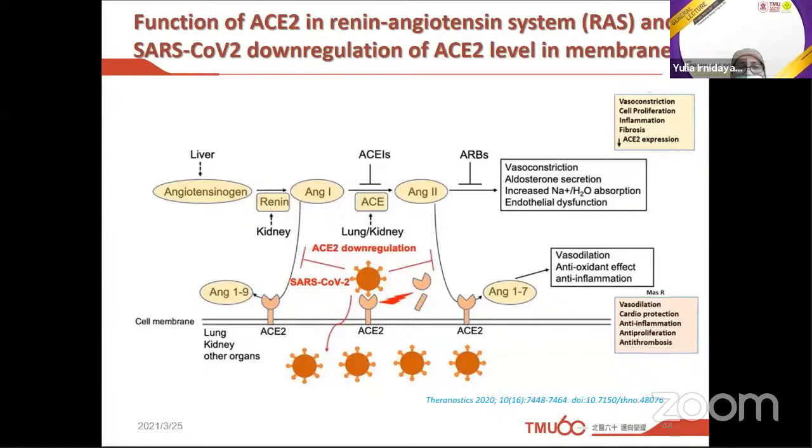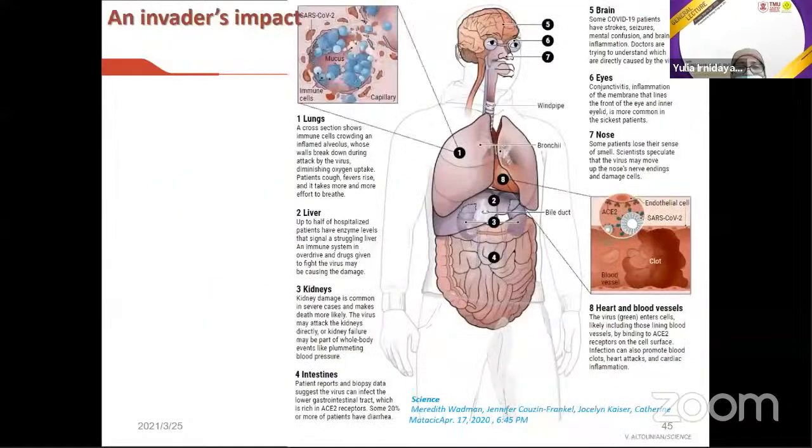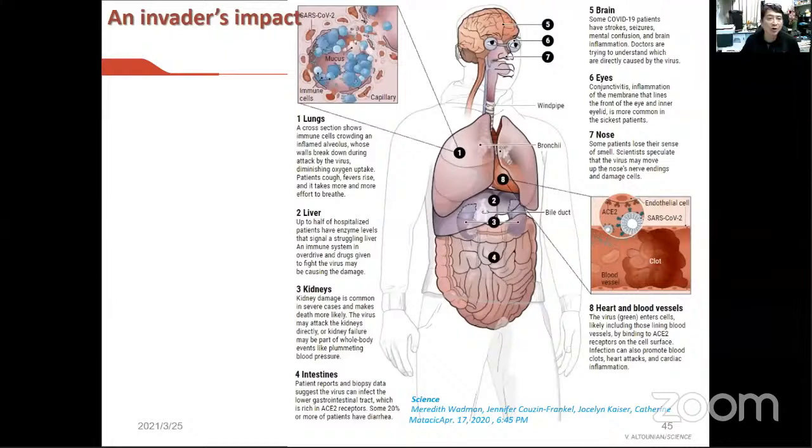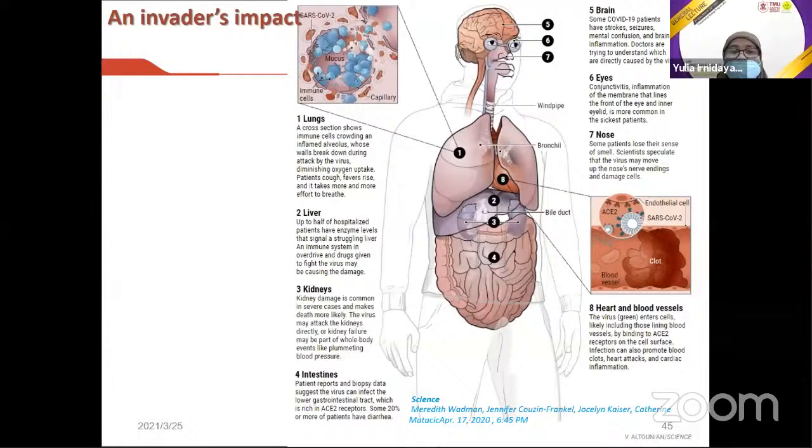So let's look at the impact during COVID-19, because we know the entry is through ACE2, this enzyme. ACE2 is expressed in many places, including the lung, kidney, GI, brain, CNS, eye, nose, heart, and so on. Severe cases may damage the heart or impair different tissues and organs.